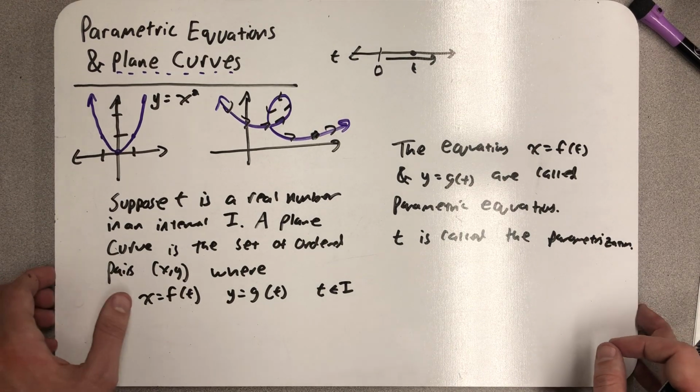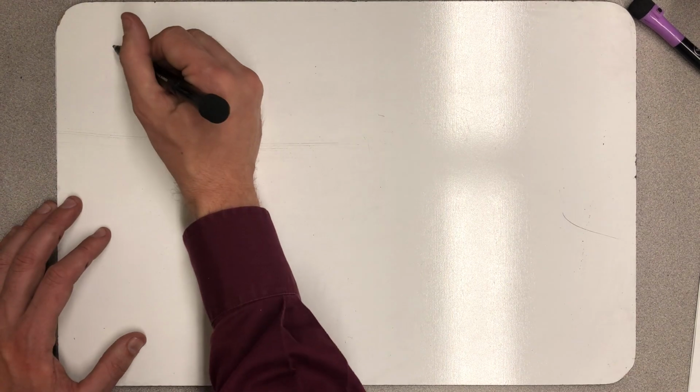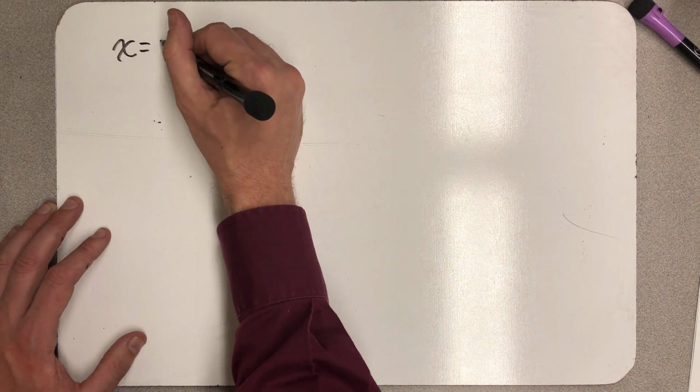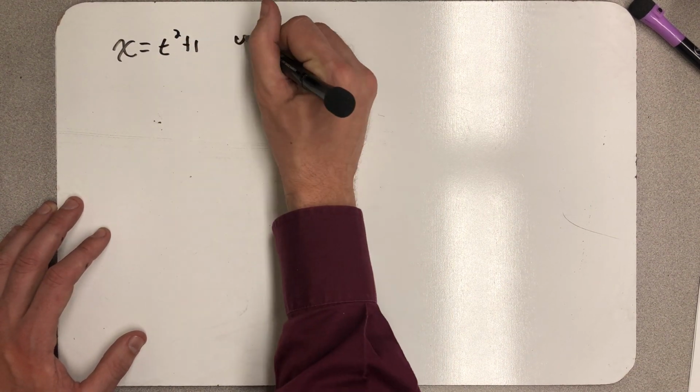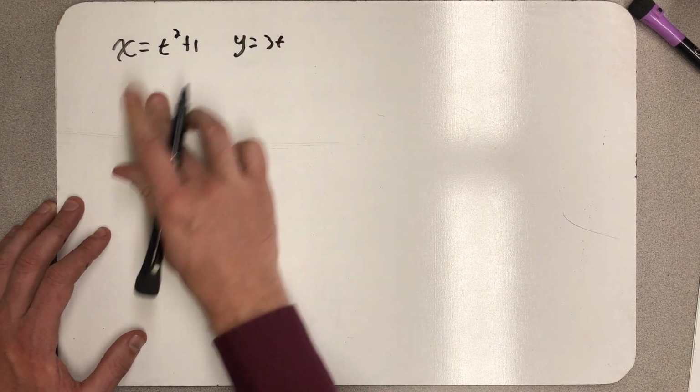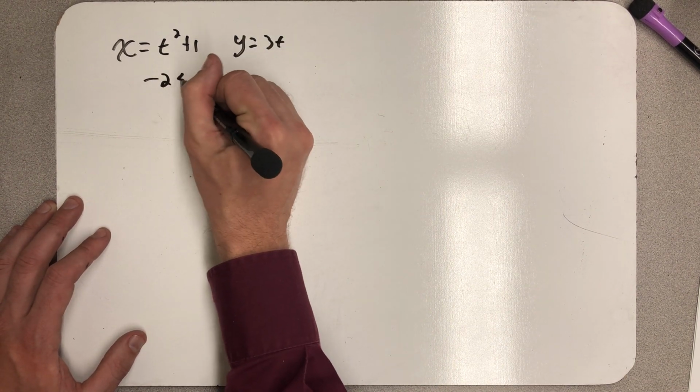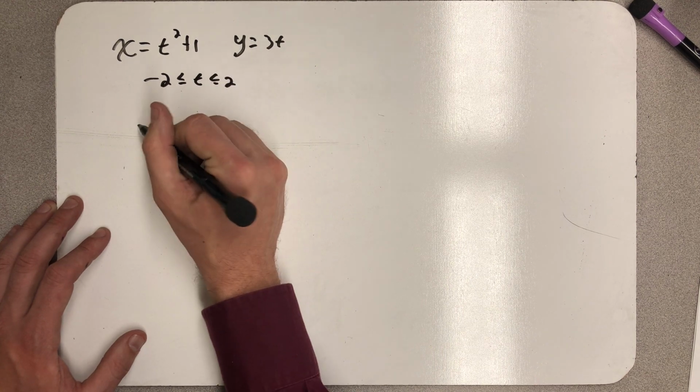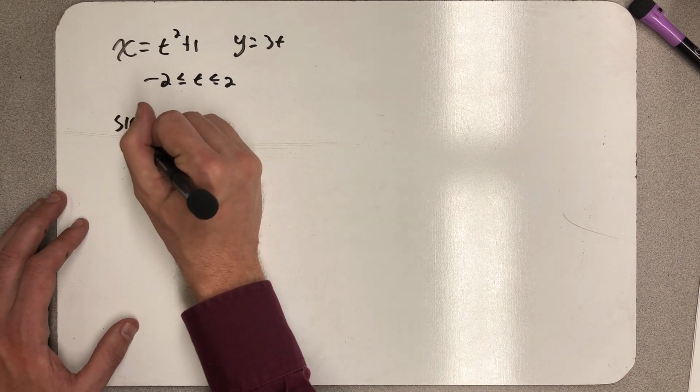Well, here at the end of this video, I kind of thought we'd look at an example. So let's imagine that x is equal to t squared plus 1 and y is equal to 3t. And I'm told that t is between -2 and +2. Sketch the plane curve.